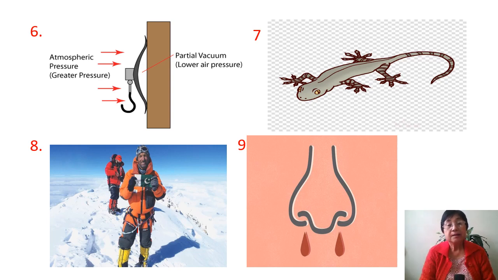And another example that we have is nose bleeding, a common phenomenon at high altitude. Why is nose bleeding so common at high altitude? The reason is this. Remember, just now I had mentioned to you, atmospheric pressure decreases as we go higher and higher with altitude.